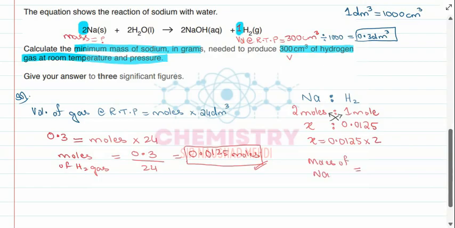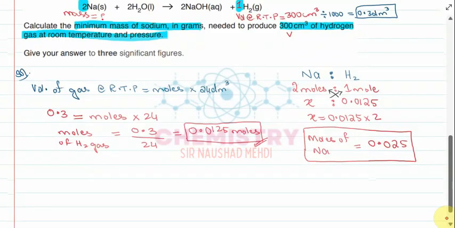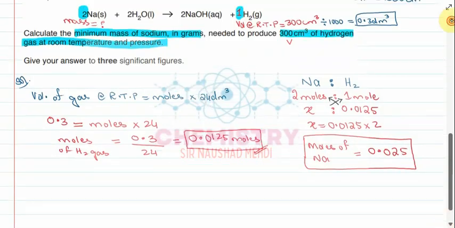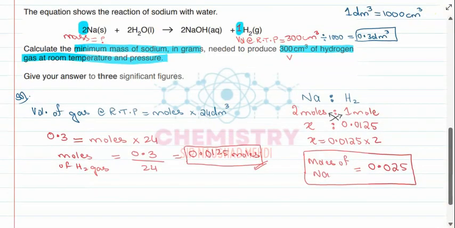That is the value of X, and the value of X is denoting the moles of sodium, so the moles of sodium you would be getting is 0.025 moles. Now after determining the moles, my question is not finished, because they were asking you to calculate the mass of sodium.